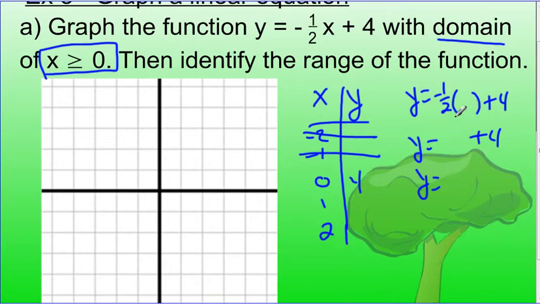Now we're going to plug in 1. -1/2 times 1 is -1/2. -1/2 plus 4 is 3.5. Plug in 2. -1/2 of 2 is -1. -1 plus 4 is 3.